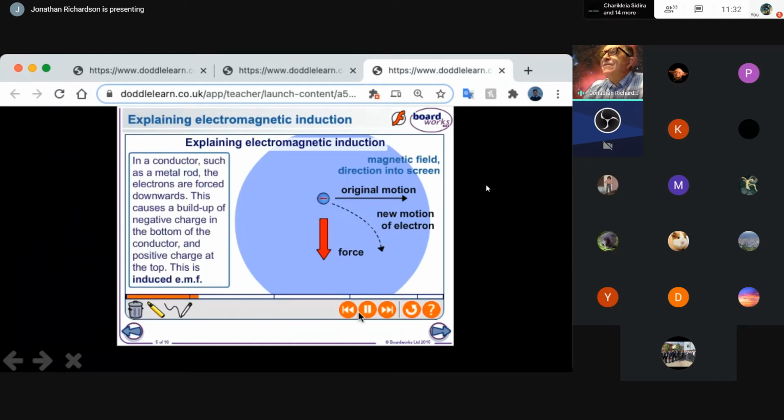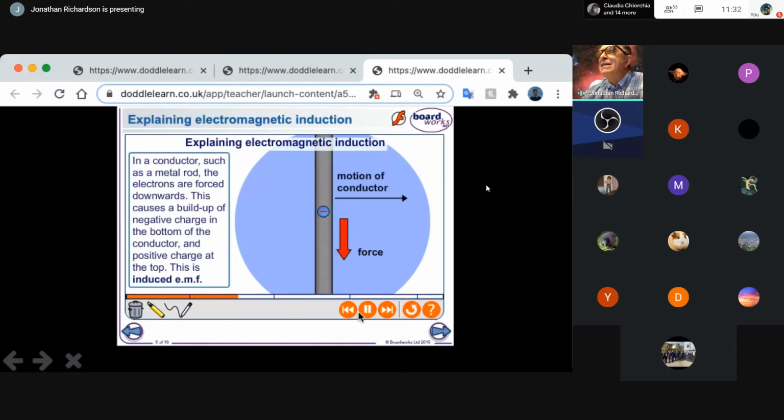What does this physically look like? Well, if we place a piece of wire inside that field, what it means is all the electrons get pushed down towards the bottom of that rod. They are forced downwards. So the rod is moved across this field.